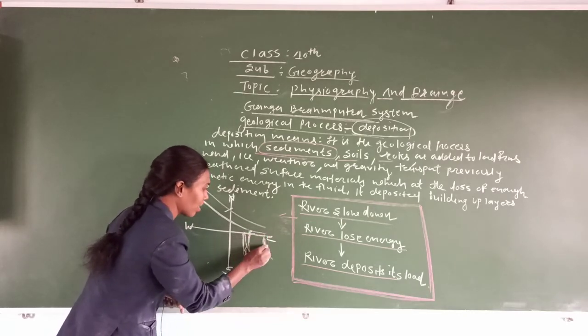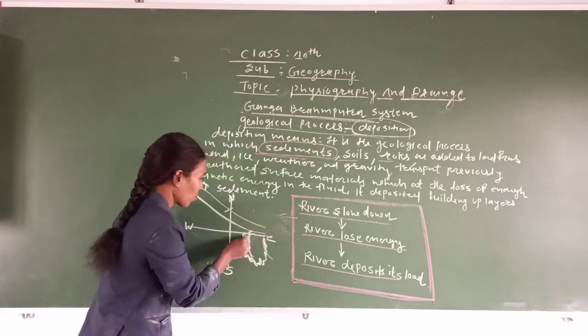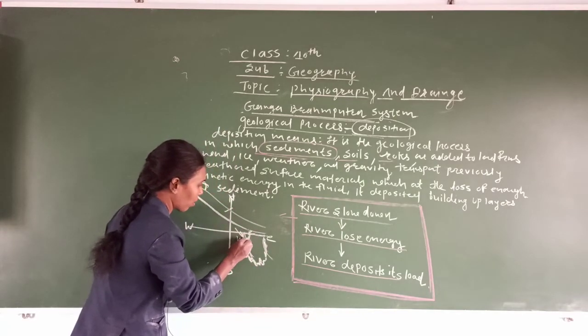This Sundarban delta is a type of river, but it is formed due to the depositional work of the river. It is part of West Bengal.